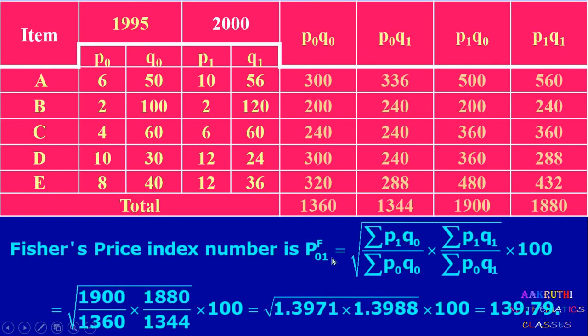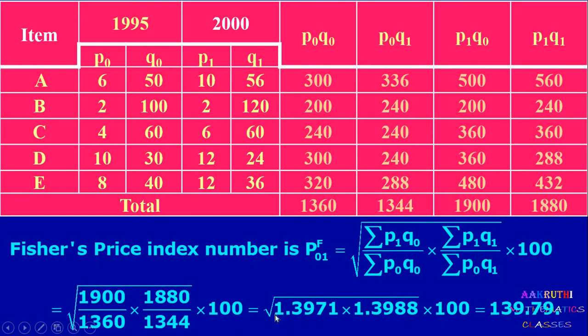So then Fisher's price index number formula is P01 of F equal to square root of summation of P1Q0 divided by summation of P0Q0 into summation of P1Q1 divided by summation of P0Q1, into 100. So substituting all these values, we get square root of 1900 divided by 1360 into 1880 divided by 1344, into 100. When we divide this, we get 1.3971, and 1.3988.